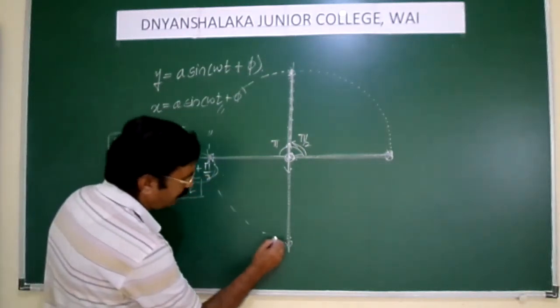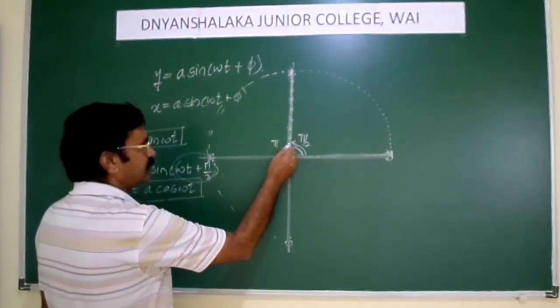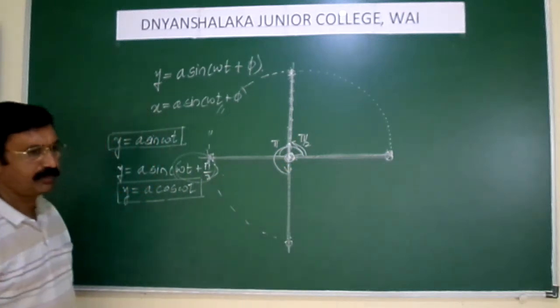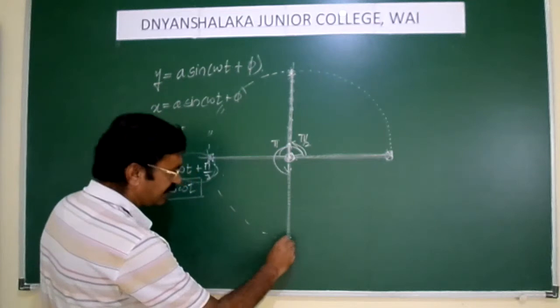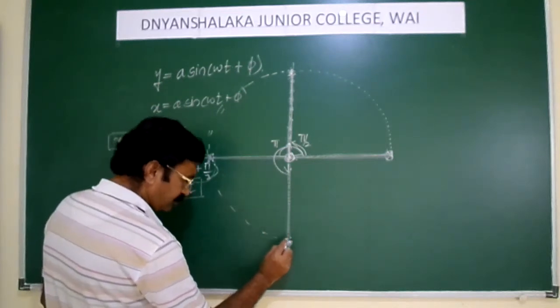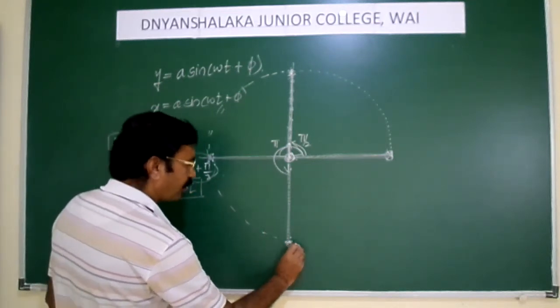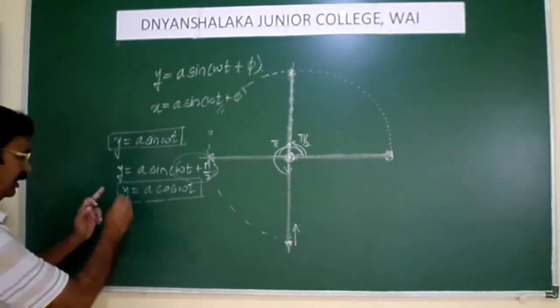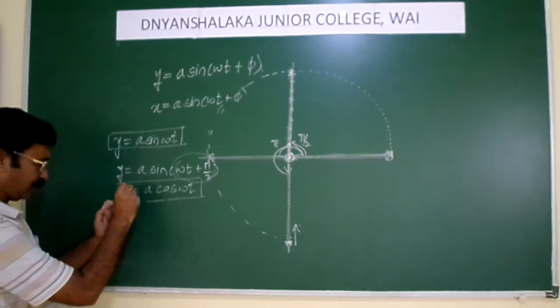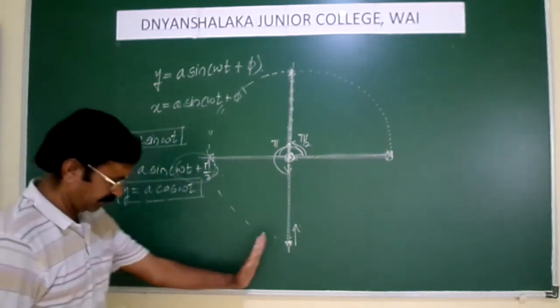And so, when it becomes 3 pi by 2, the particle will start its SHM from the other extremity, from the negative extremity. The expression becomes y is equal to minus a cos of omega t.